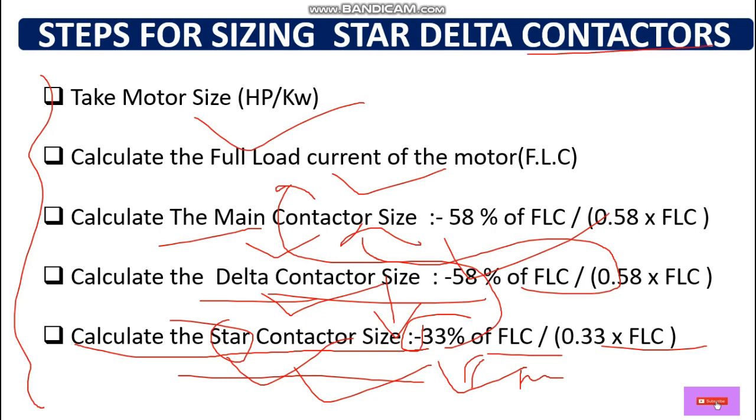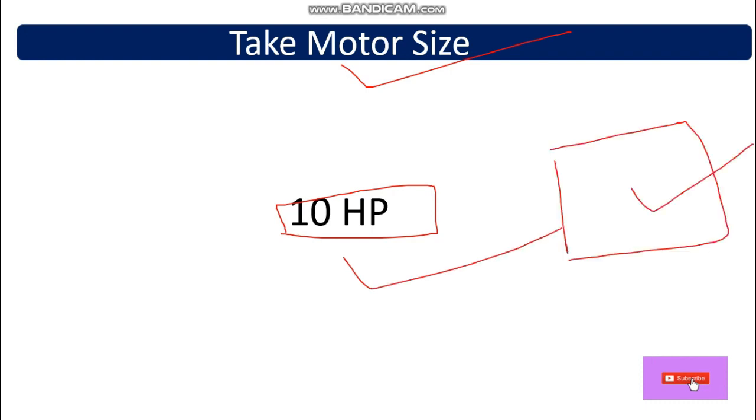So in the first step, we have to take the motor size. Here we have a 10 HP motor inside this kitchen exhaust fan. Now let's calculate the full load current. So here we have a power of 10 HP.